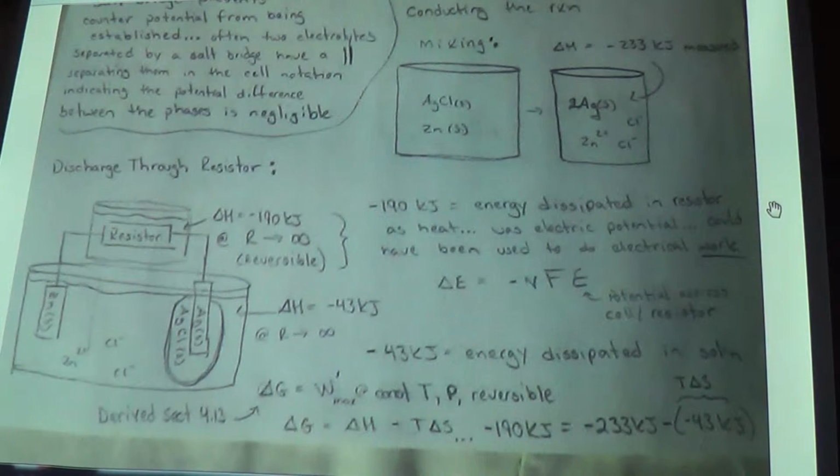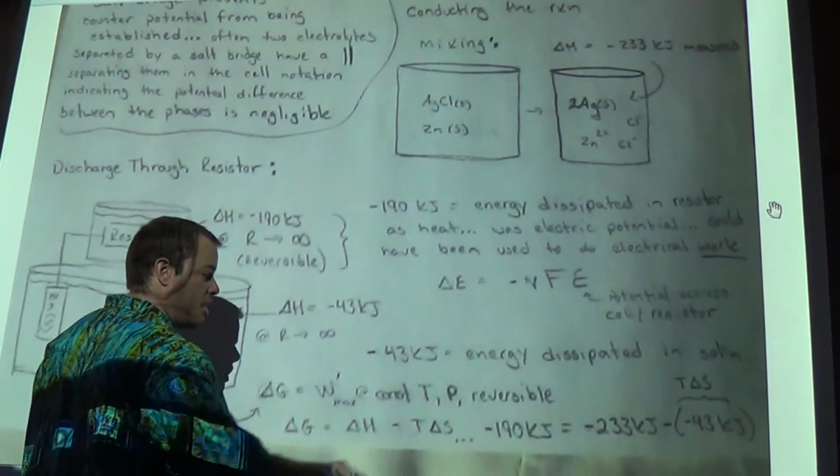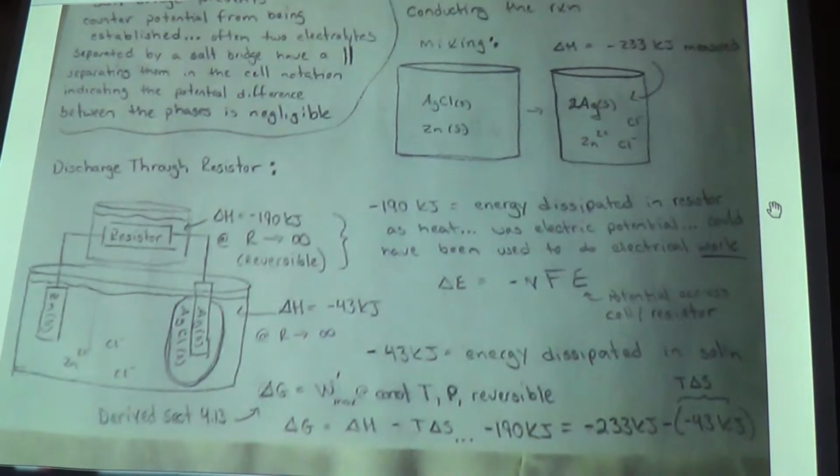And you'll notice that the sum of the enthalpy change and the entropy change ends up being that delta G value that we looked at when we said this is the amount of work that could potentially be done from the reaction or harvested from the reaction.